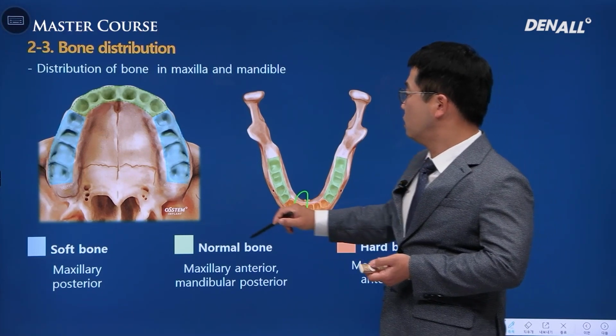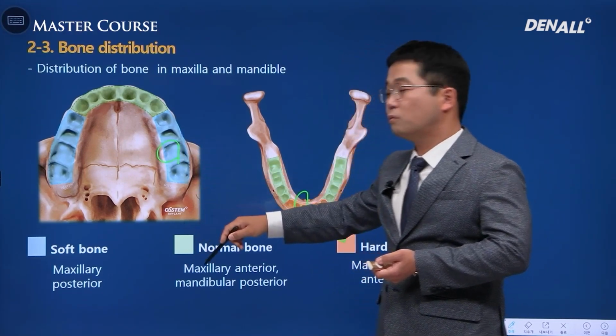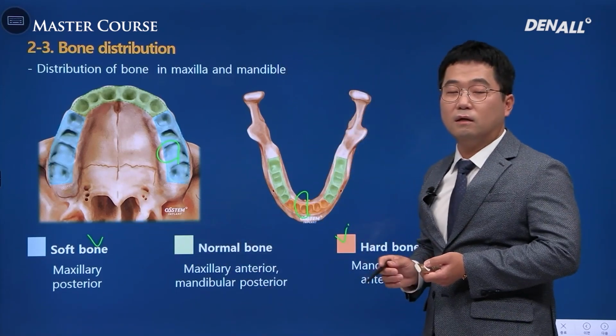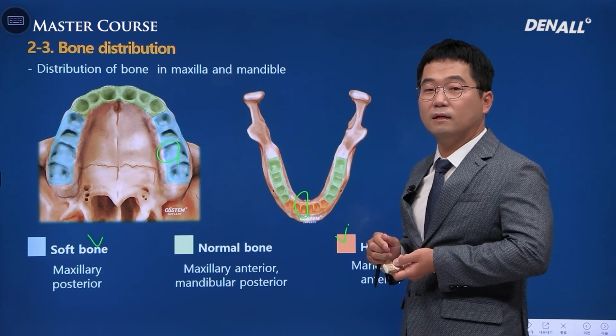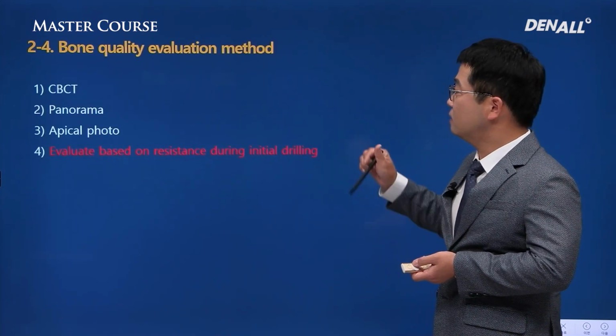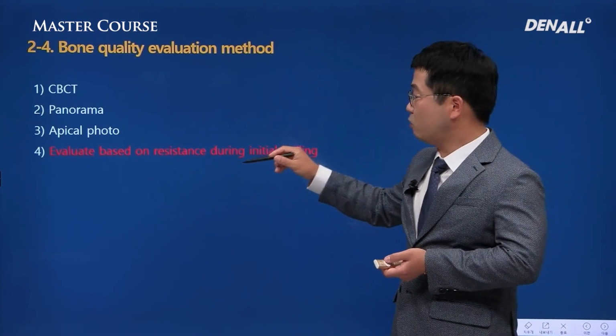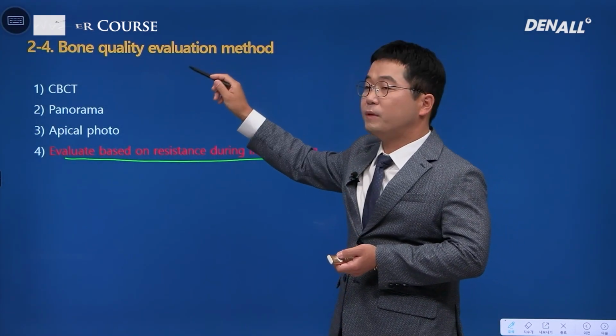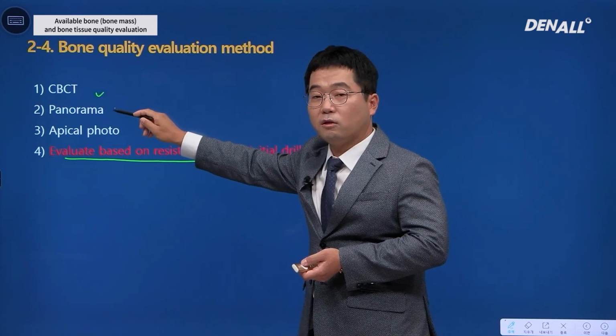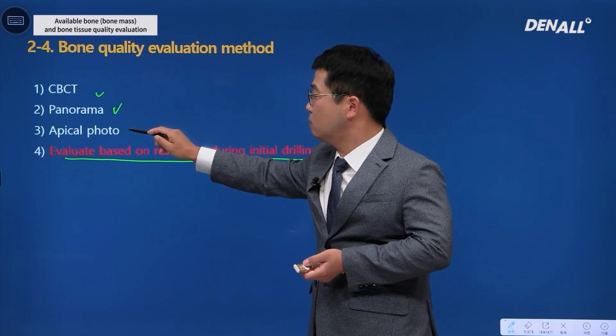In the lower posterior, there's a tendency toward soft bone. Yes, it may vary depending on patients. As I was preparing this lecture, I've highlighted this in red. You can evaluate the bone quality using CT, panorama, or PA image.